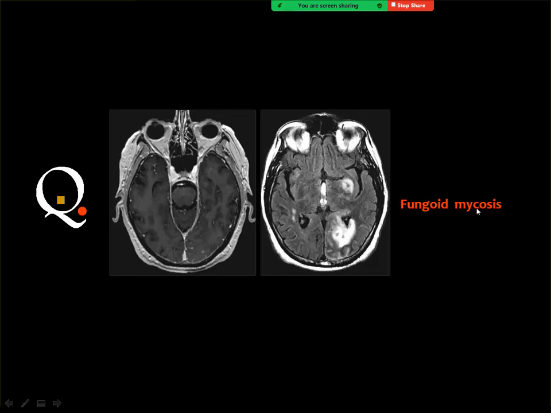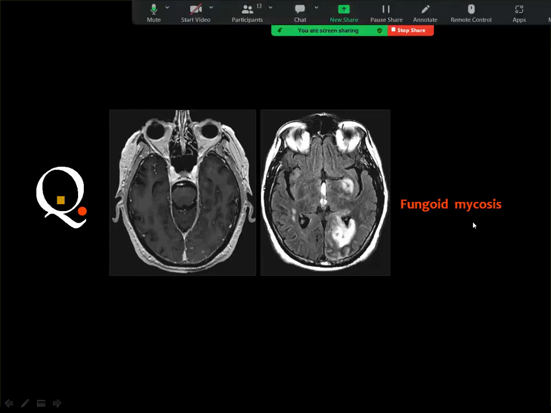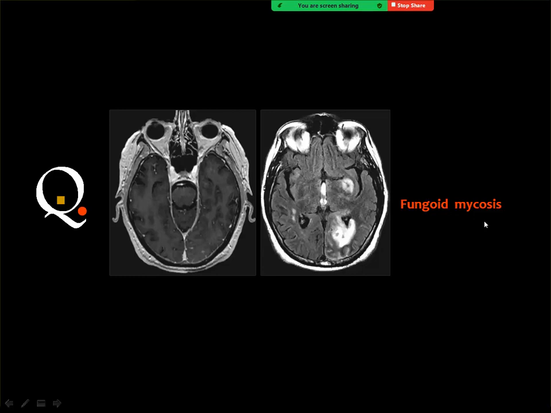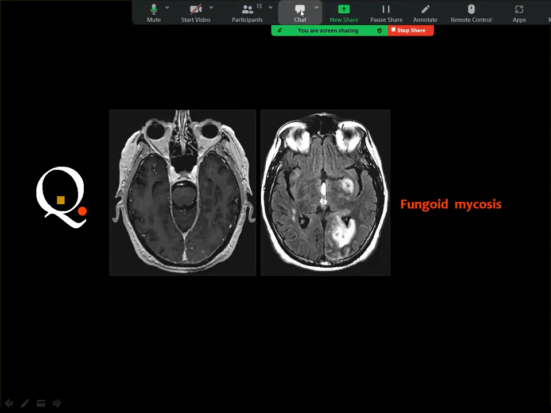fungoid mycosis. And this disease can be also seen, fungoid mycosis or mycosis fungoides, both can fit. If you know what fungoid mycosis is, then you can easily diagnose the case.